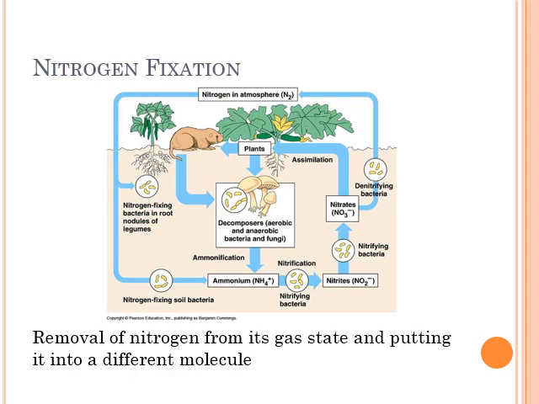Bacteria are absolutely essential and vital to the ecosystem due to their nitrogen fixation properties. Fixation is something we're going to talk about an awful lot in the course, especially as we get into ecology. Fixation is where you take gaseous nitrogen, in this case, and convert it into an organic molecule.